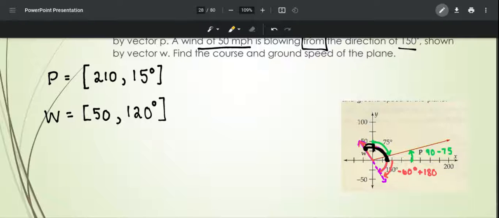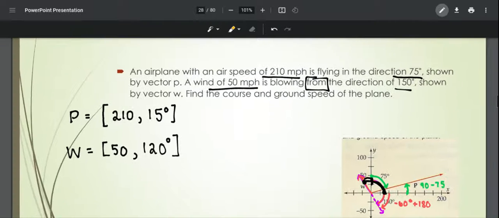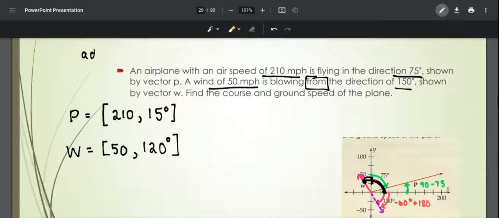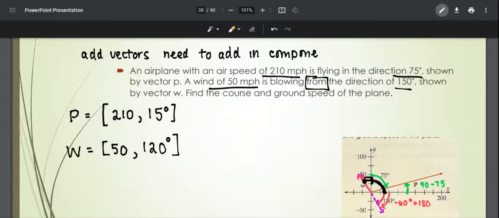All right, so those are your magnitudes and your directions. We want to add these vectors together. But when you add vectors, you need to add them when they're in component form. And right now we don't have the components.